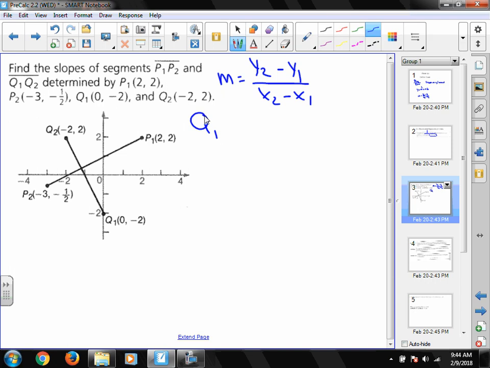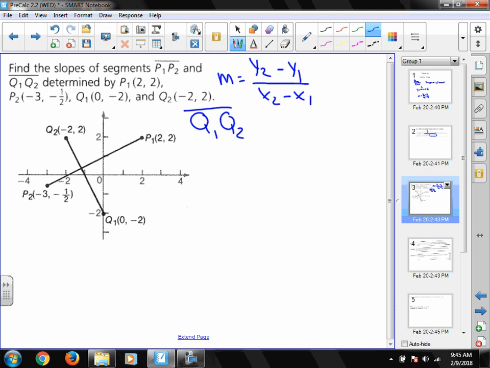So if I look at q sub 1 and q sub 2, that will be that line segment. What I like to do with these is actually label my points x sub 1, x sub 2, y sub 1, y sub 2.